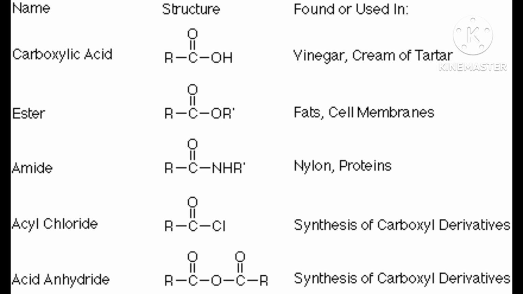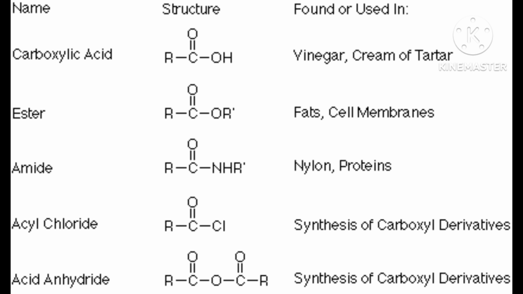Hence its nomenclature will be beta bromo, because the bromine is attached at the beta carbon. And the total carbon including the carbon of CHO becomes four. So it is beta bromo butyraldehyde.